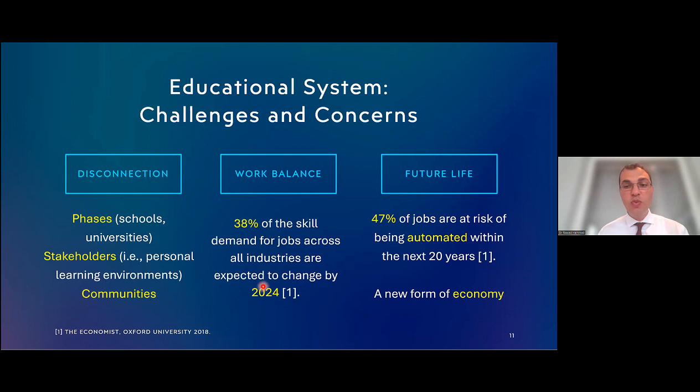For example, if you look at the new form of economy, we used to get a degree, go to work, full-time job or part-time job, get the money and then survive or develop your skill and career from there.